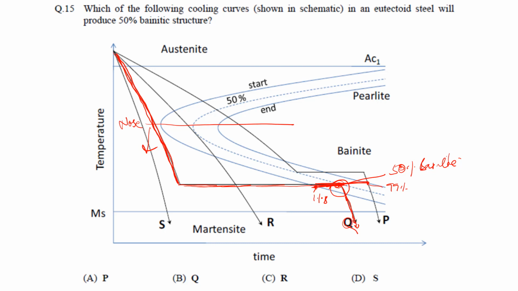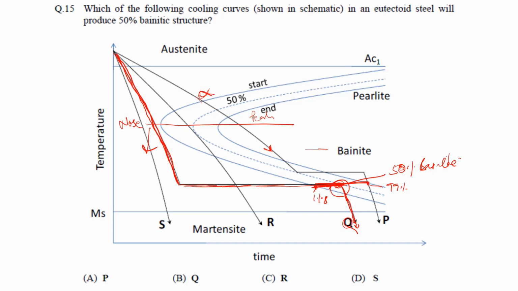Now, why can't it be P? Because here the austenite will get transformed to pearlite first, and after that it is going to reach over this location. But since it has already got converted to pearlite, there will be only pearlite formation over there.